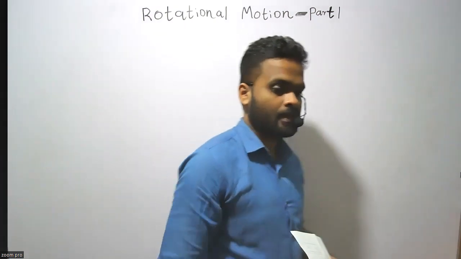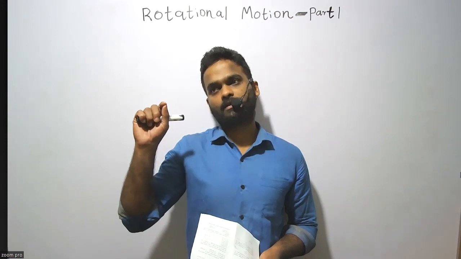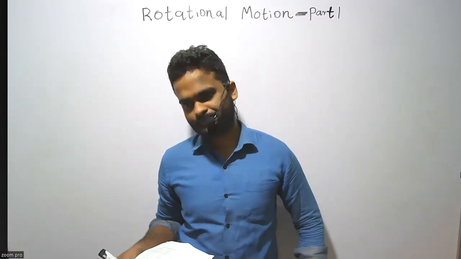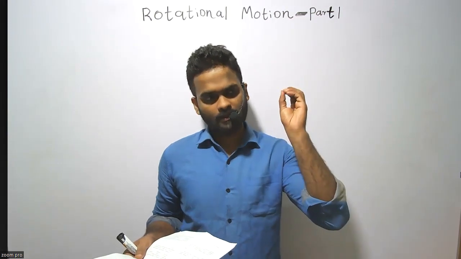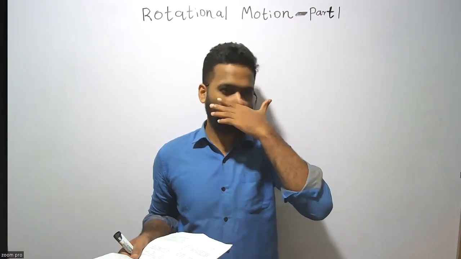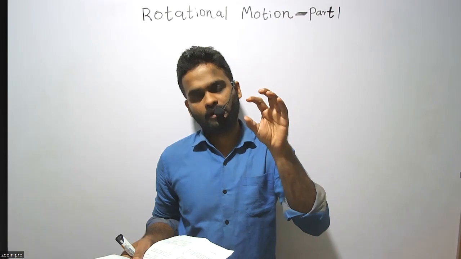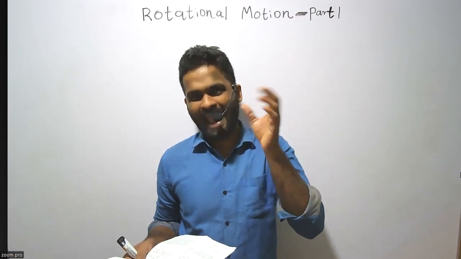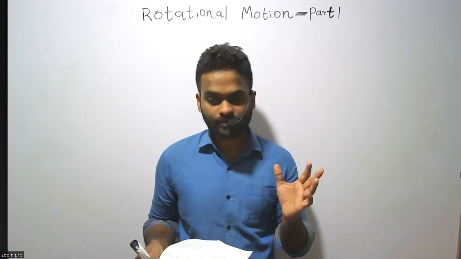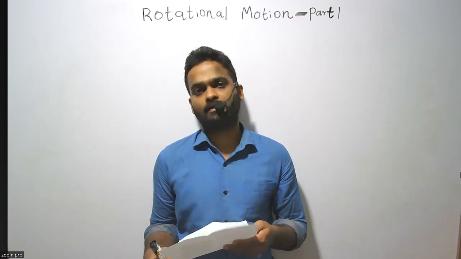Right. Okay, so now you are familiar with how to use those motion equations, right? We saw that they are the same thing as linear motion equations. The only thing is, instead of a distance, what you have is an angle. So whenever you substitute those in the equation, you always have to convert that into radians.